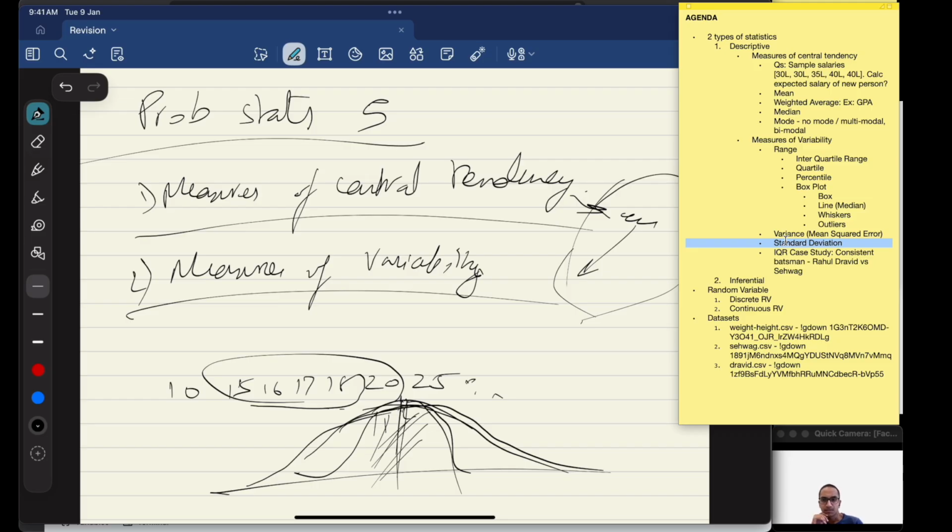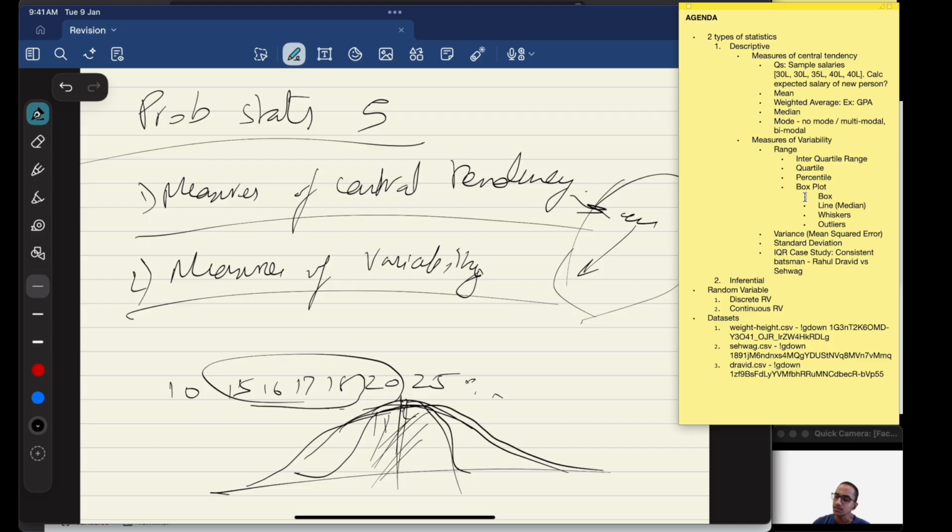There are other measures of variability as well, I think. They use some other centers, like some could use median. Actually, I think IQR uses median, and maybe some other measure could use mode as the center.